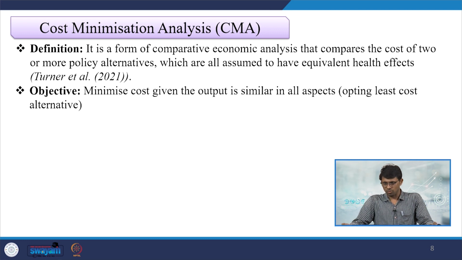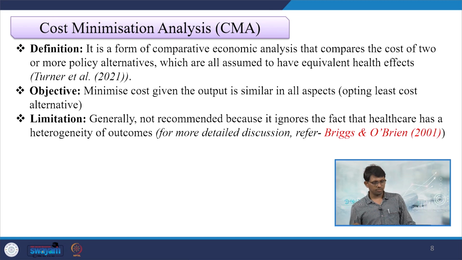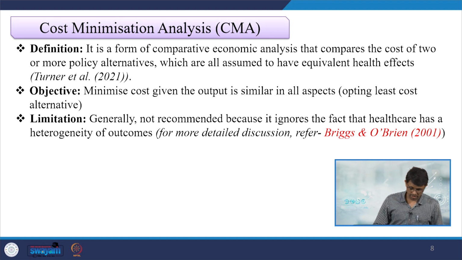That is why we said identical outcomes in all respects is indeed very rare. A limitation is that this method is generally not recommended because it ignores the heterogeneity of outcomes in healthcare. For more detailed discussion, you can refer to the paper by Briggs and O'Brien in 2001.